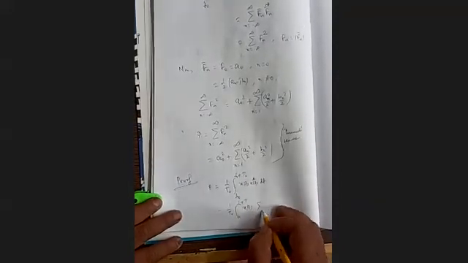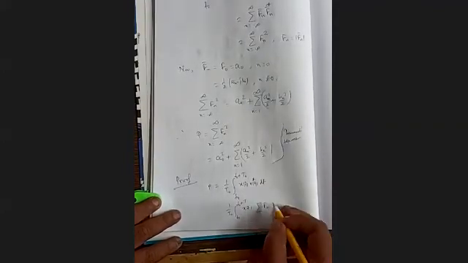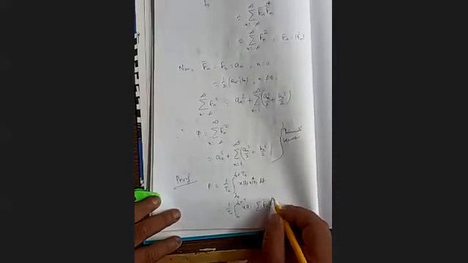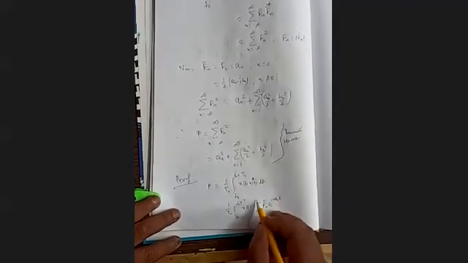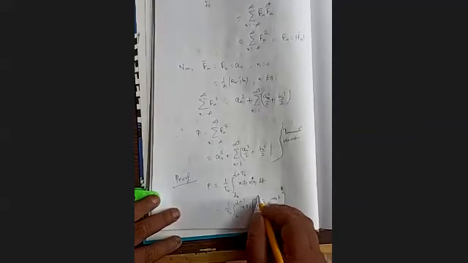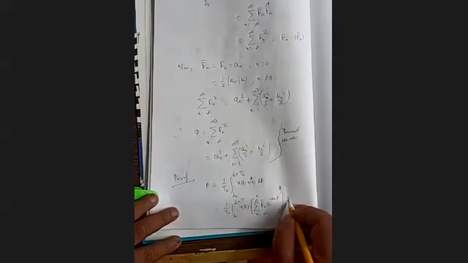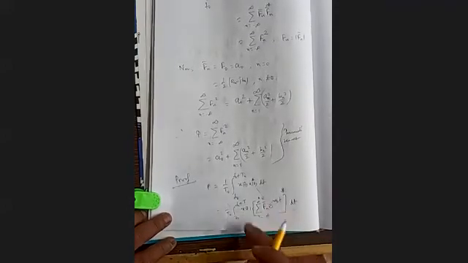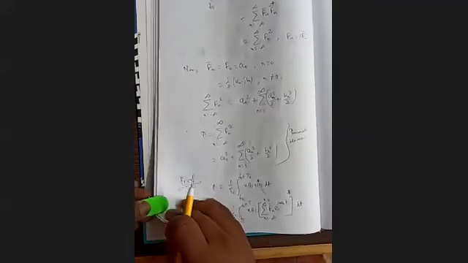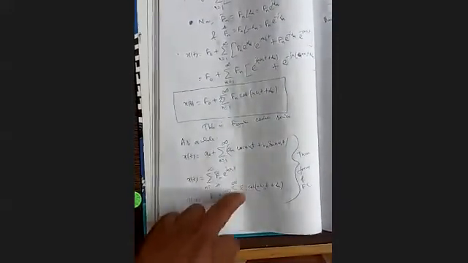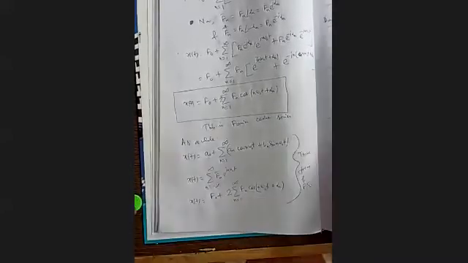We can express it in terms of Fn bar, in the complex exponential form of Fourier series. I already explained it in our last class. This one, x(t) equal to this one. So x(t) star will be the whole thing star, the complex conjugate of the whole thing.